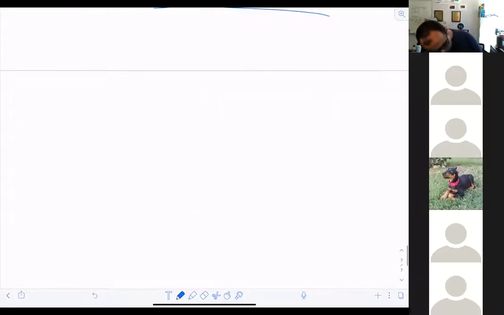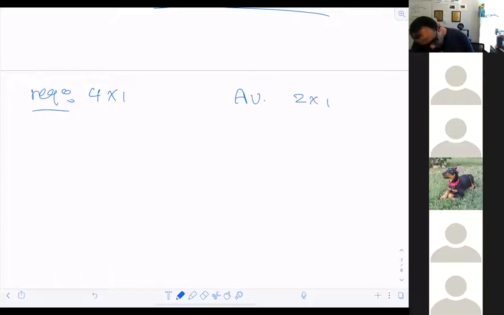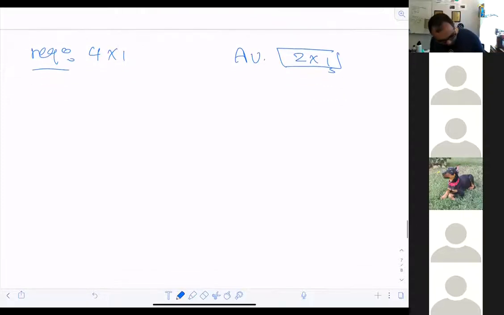So basically, required 4x1. In my hand available 2x1s. What is my strategy? My strategy is very straightforward, right? The 4x1 used to look like this.